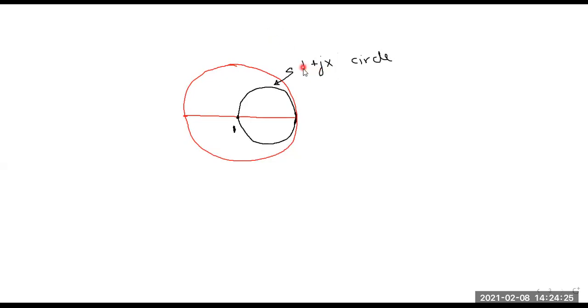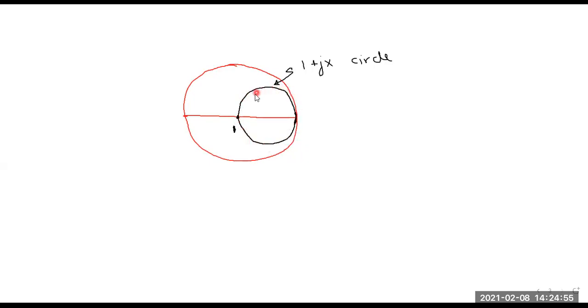So the real part is 1. Why is it 1? Because you already know that any resistive circle that is drawn on the Smith chart is drawn for a particular value of R. This circle is drawn for the value of R equal to 1, so that is why it's written 1. And then plus jx, why is this value represented in terms of a variable? Because if you move on this circle, x value is changing.